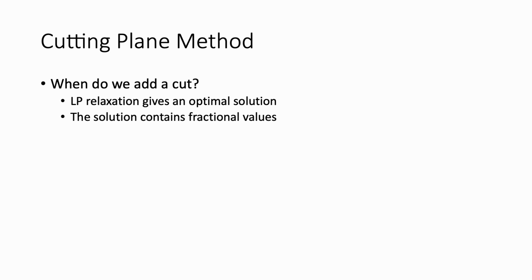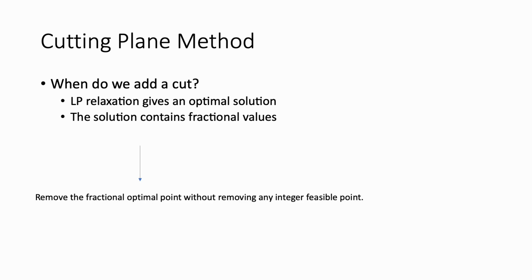So we add a cut when the LP relaxation gives us an optimal solution, and this solution contains fractional values. If there are no fractional values, then we don't need to do this. Let me emphasize, we only apply a cut once we see that the LP optimal point is fractional. If the LP relaxation gives us an integer value, then we are done.